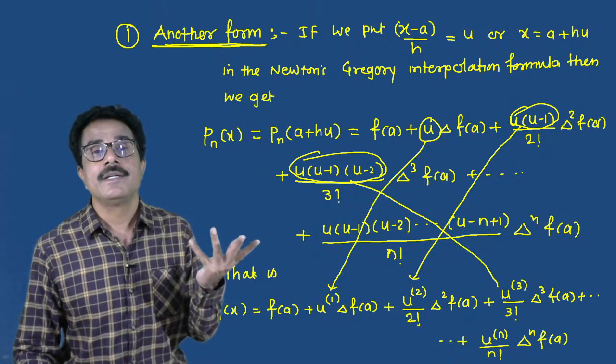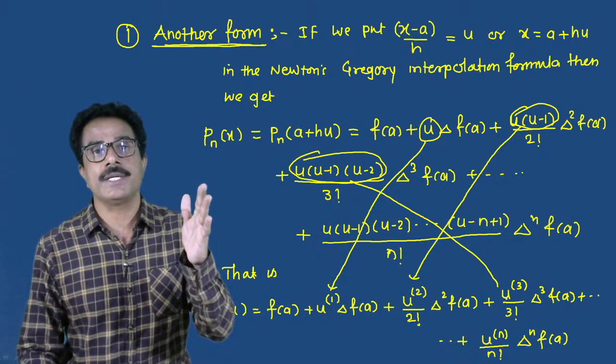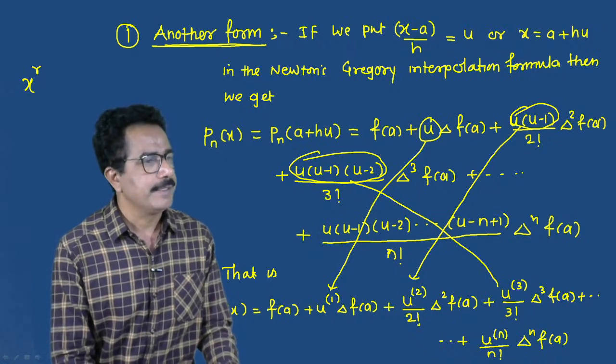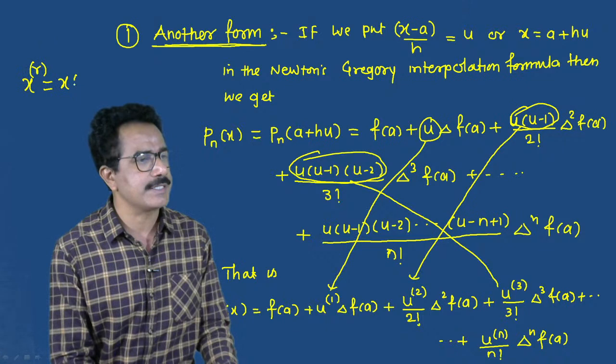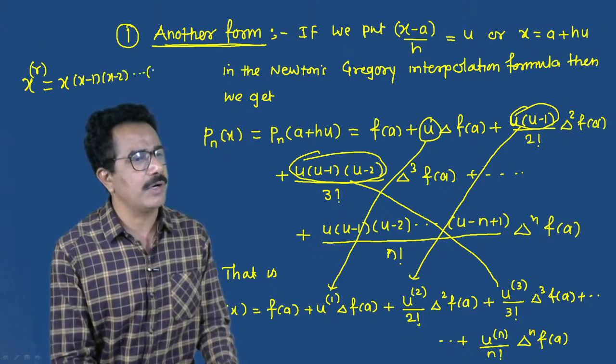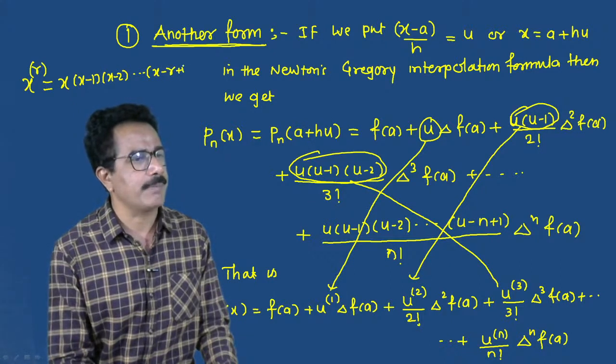You know the notation of the factorial function: x raised to r factorial can be written as x into x minus 1, x minus 2, and so on up to x minus r plus 1.